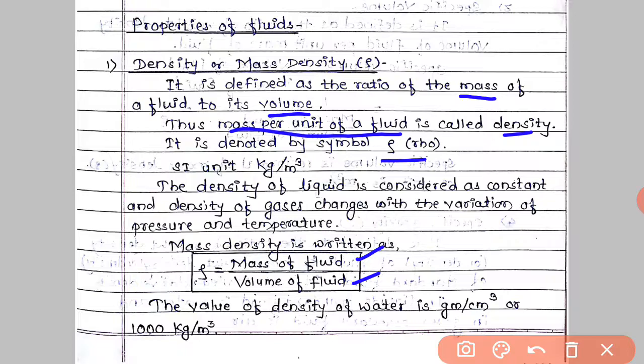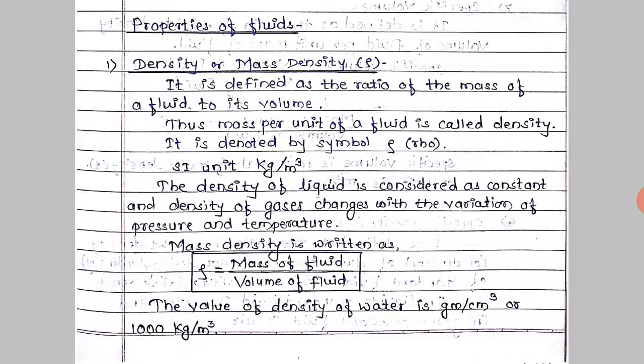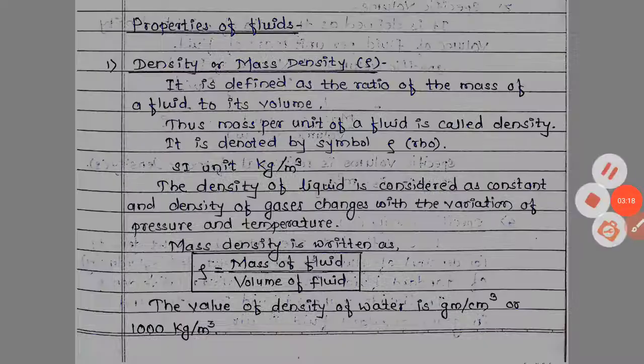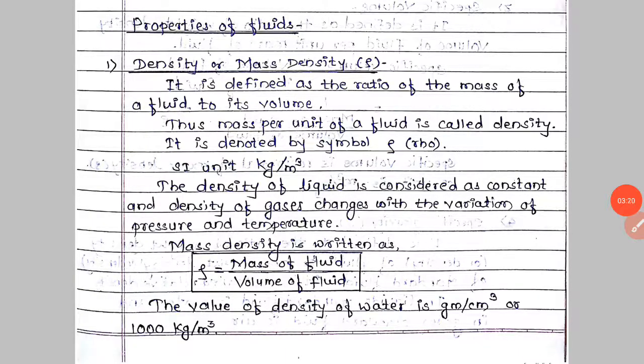So mass density can be written as rho is equal to mass of the fluid upon volume of the fluid. The value of density for water is 1 gram per centimeter cube or 1000 kg per meter cube. So mass density is mass of the fluid to its volume.